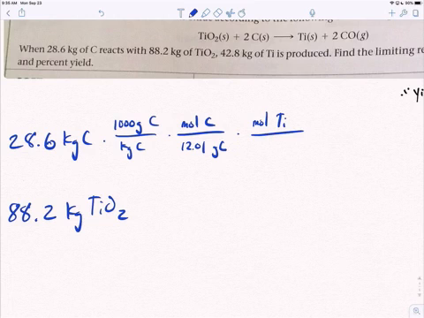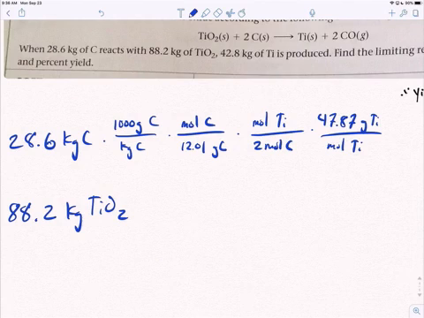Mole titanium to 2 moles carbon. I'm getting that from the balanced chemical equation. There's a 2 in front of carbon, and there's a 1 implied in front of titanium. And then the molecular weight of titanium is 47.87 grams titanium per mole titanium.